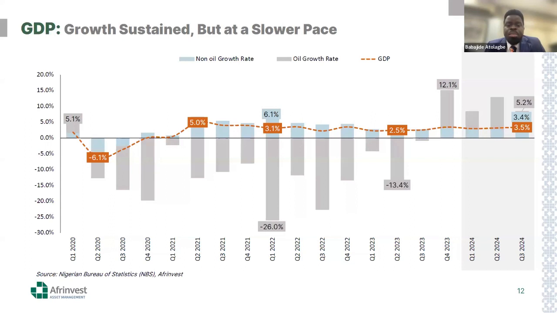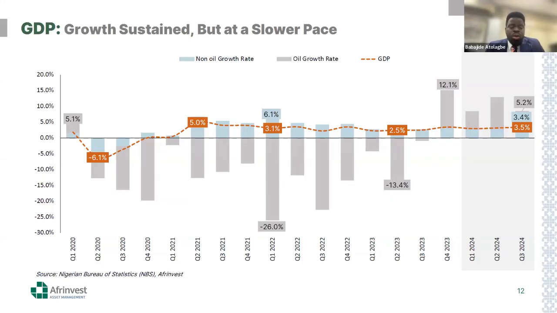We've also seen some improvements in the service sector, but we continue to see weakness in the manufacturing space, and that is largely tied to the difficult business climate in the Nigerian economy, largely tied to inflation, and also the fact that interest rate is at a record level.